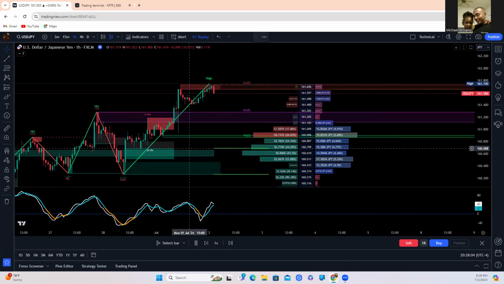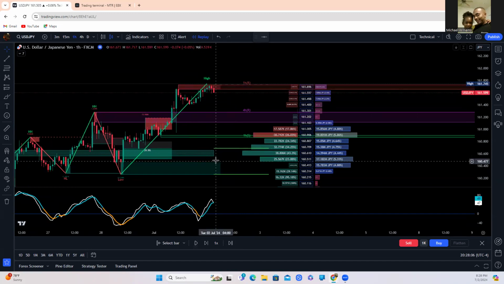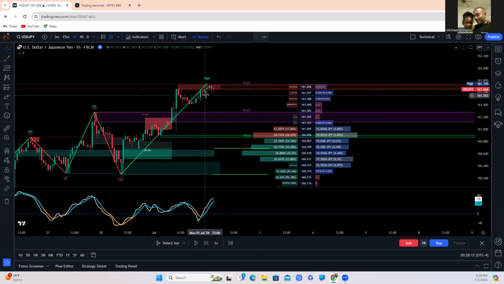Right there, right? So I'm going to pause it again. As you can see, right around the 2400 candle, the 12 o'clock AM candle, actually purged that liquidity area.